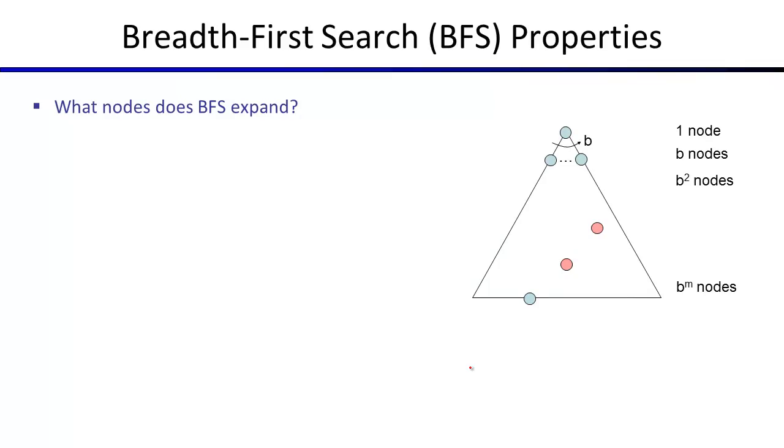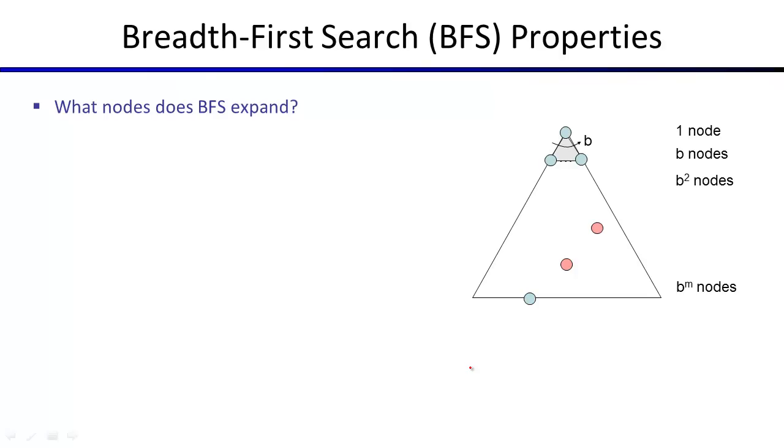Okay, so what are the properties of breadth first search? What nodes does it expand? Well, it expands all the ones that are, in some sense, above the closest goal node, because it goes layer by layer until it reaches a layer where there's a goal node.